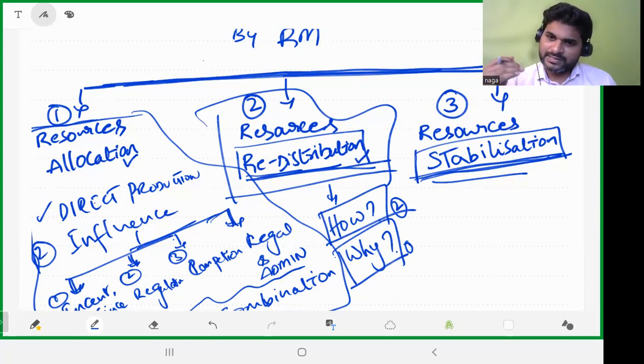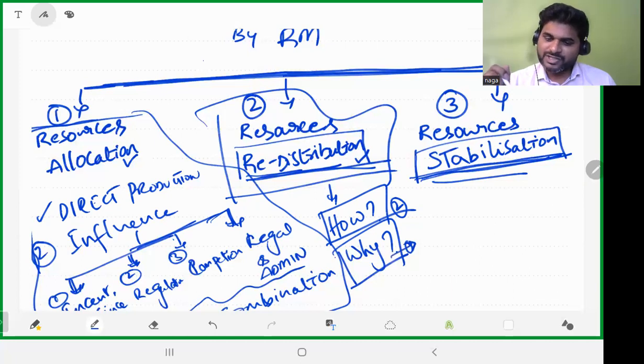There are a lot of things, like giving different schemes, for example, for the farmers, giving them a subsidy, giving them some inputs, giving the fertilizers at a low cost. Why is the government doing that? Why does the government need to do that function?